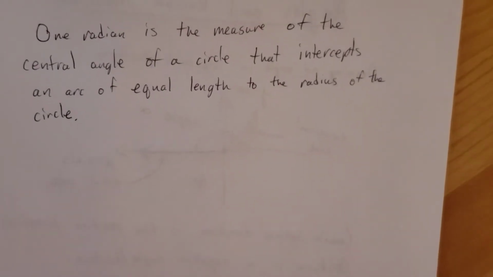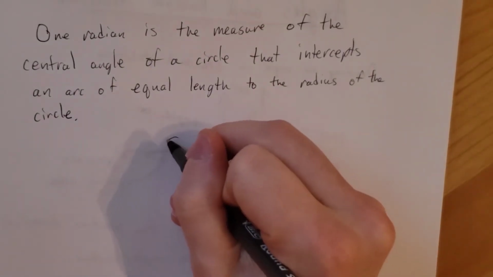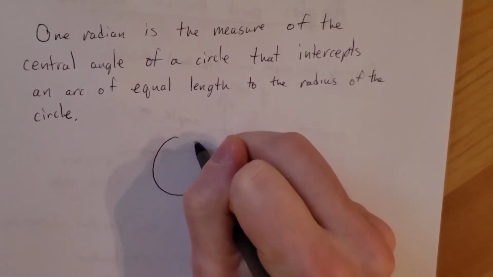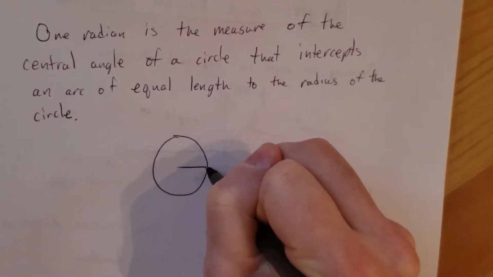So what does that mean exactly? Let's suppose we have a circle of radius 1.